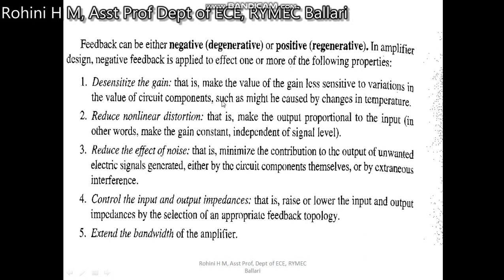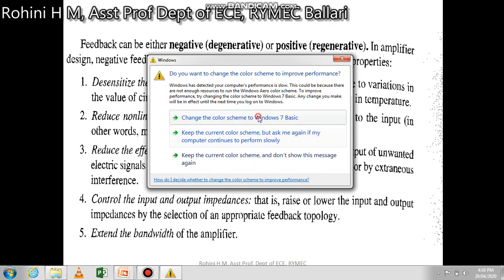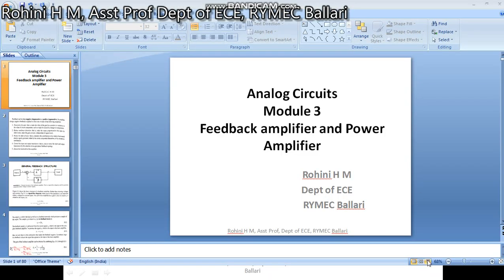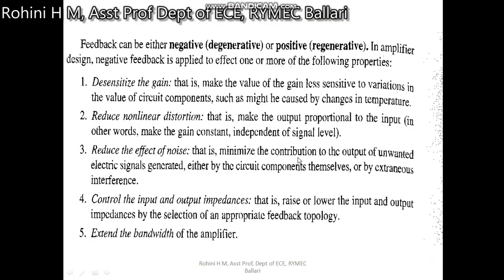To make the circuit less sensitive to the circuit components, we can use negative feedback. Such variations might be caused by changes in temperature.